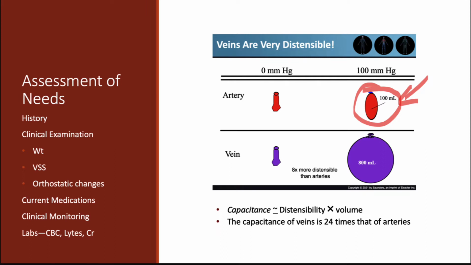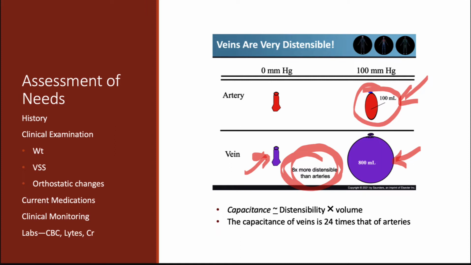Now we're going to talk about the veins that are 8 times more distensible than the arteries. The same volume of vein is going to hold 8 times as much as the same sized artery. Now, that is distensibility.